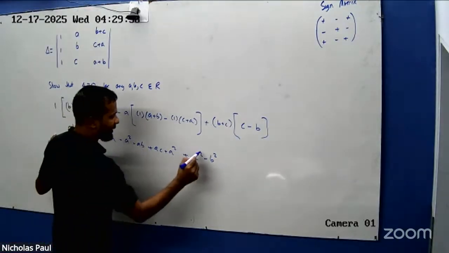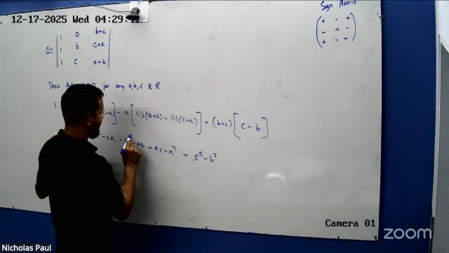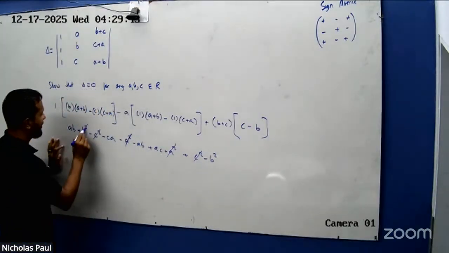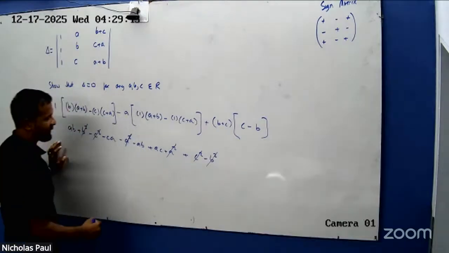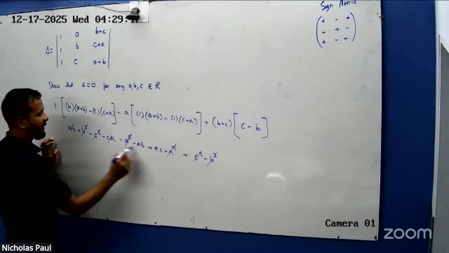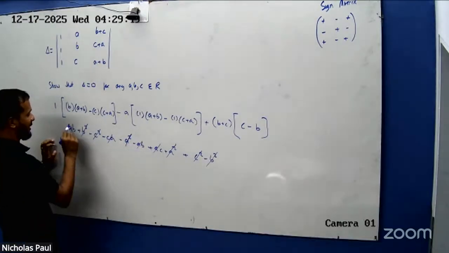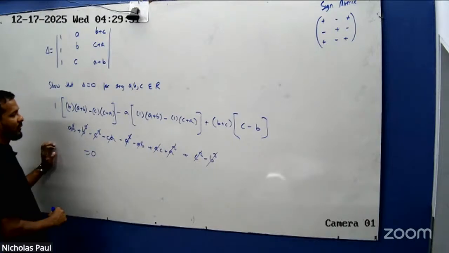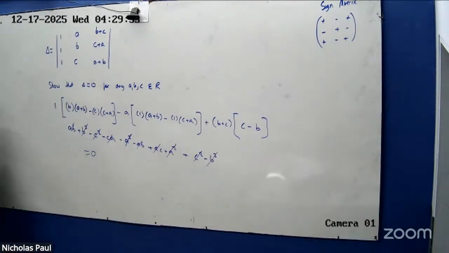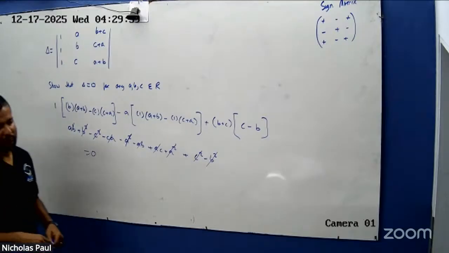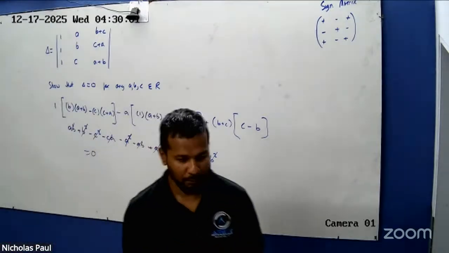This will cancel. This looks like it wants to cancel. This looks like it wants to cancel. This looks like it wants to cancel. This is canceling, and we're getting 0. So the determinant is always 0. That's okay? Everything cancels.